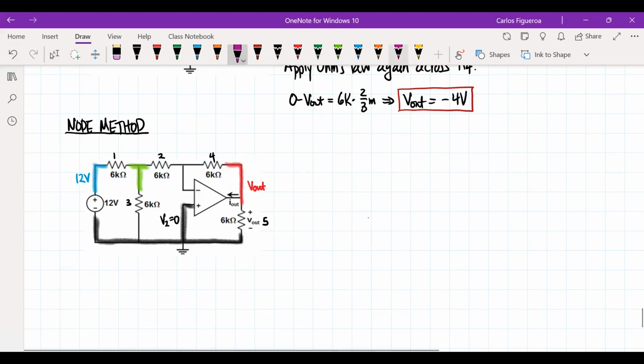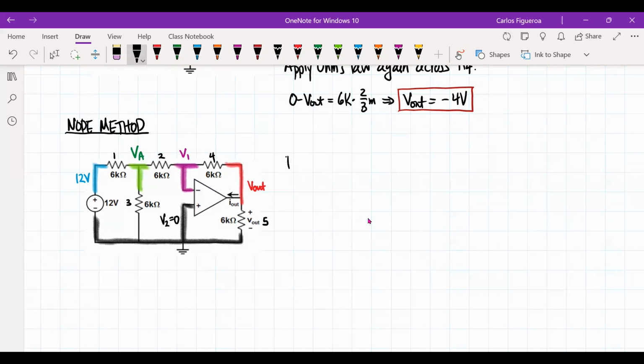But this node up here is not ground. This node is what we label V1. For lack of better language, I'm going to call this guy VA. So I've now labeled my nodes.